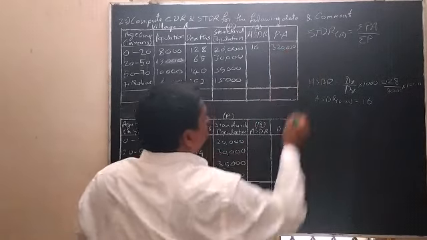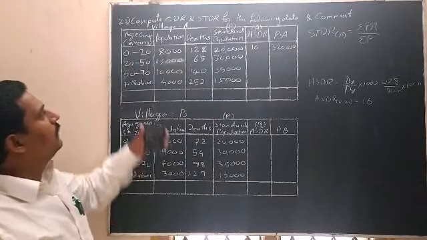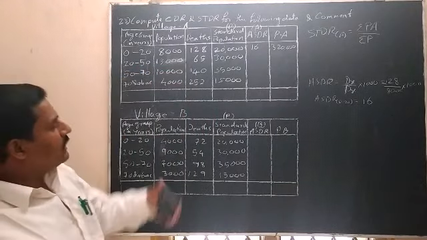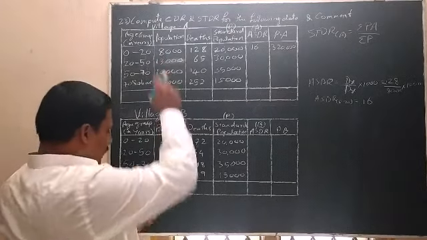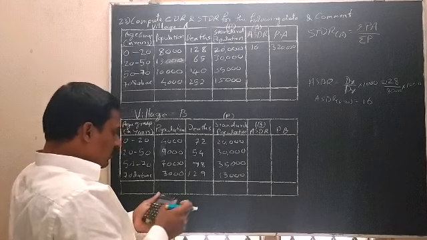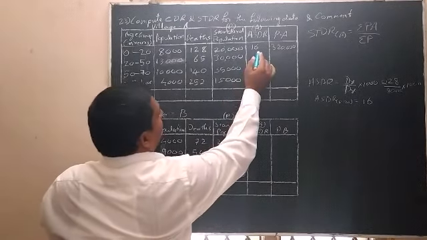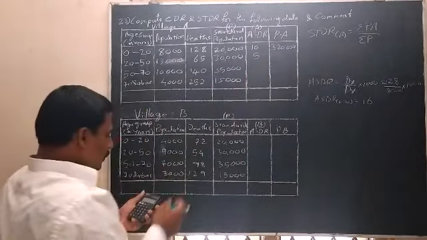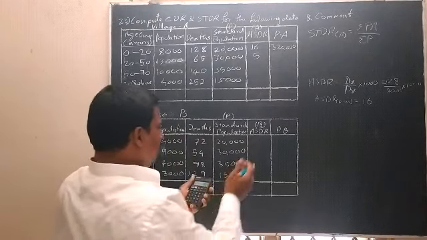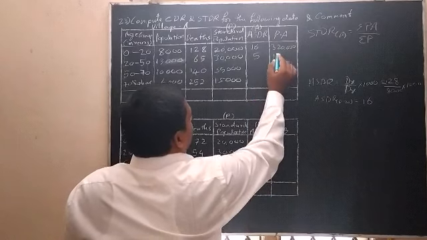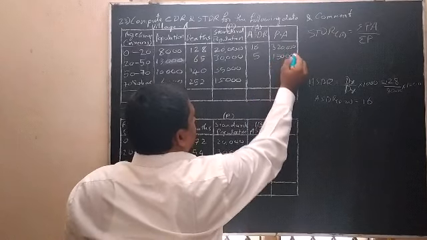So 16 into 20,000 is equal to 3,20,000. For the second age group, 20 to 50, 65 are deaths. So 65 divided by 13,000 into 1000 is equal to 5, and 5 into the standard population 30,000 is equal to 1,50,000.